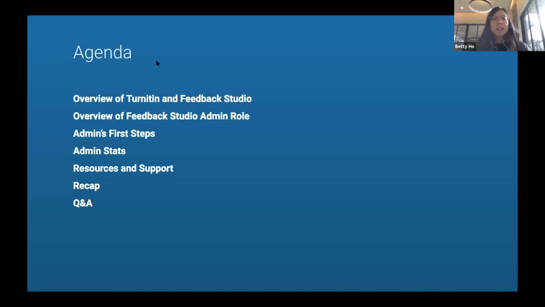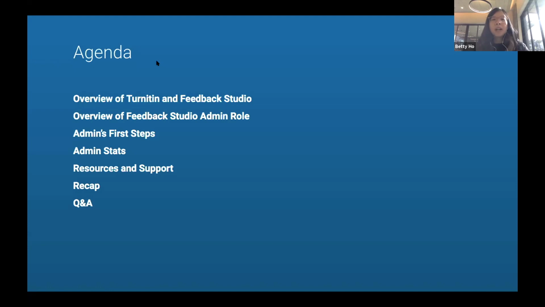In terms of today's agenda, first we're just going to go through really quickly who Turnitin is, what Feedback Studio is, and then we're going to review what the role of the admin is for Feedback Studio, talk about their first steps, do a deep dive into the admin stats and reporting and really understand what they are and how you can use those stats to build the capacity of your teaching staff, how to use those stats to drive decision making when it comes to resource planning and allocation, and of course, how to use those stats to support your students.